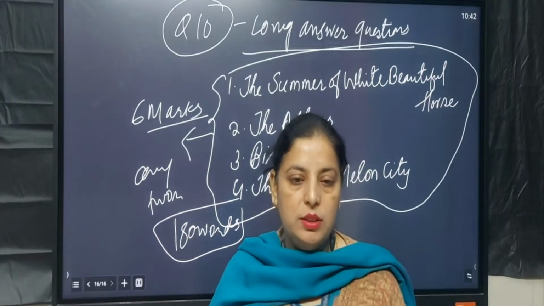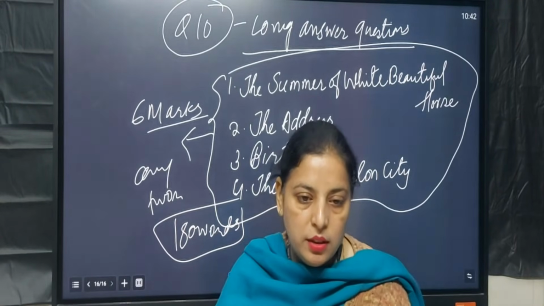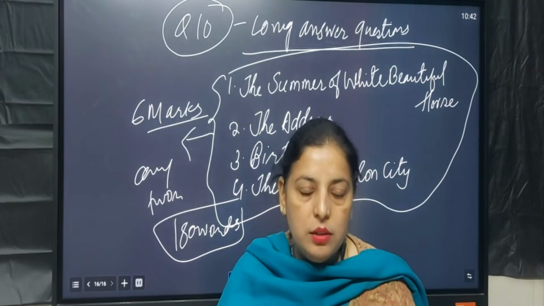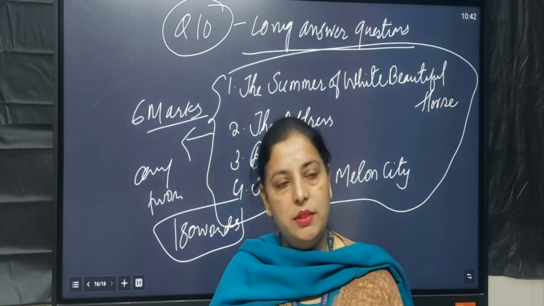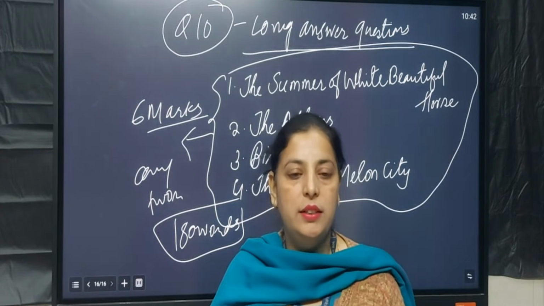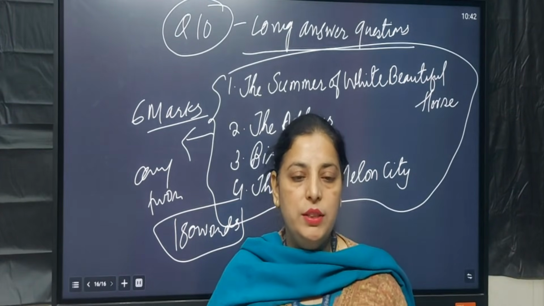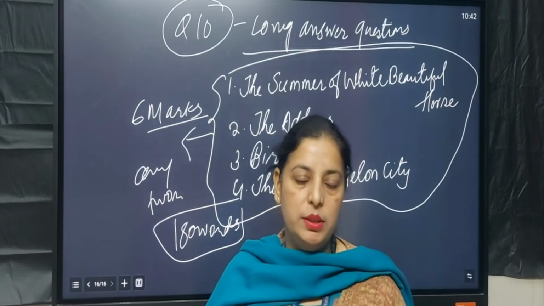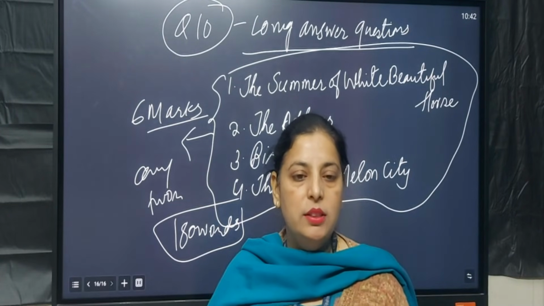समर ऑफ वाइट ब्यूटीफुल हॉर्स, एड्रेस, अभी एक बच्चे ने पूछा था कि justification of the title The Address. As we have learned in the Address chapter, when the girl reached the address given by her mother, she found out about the reaction.